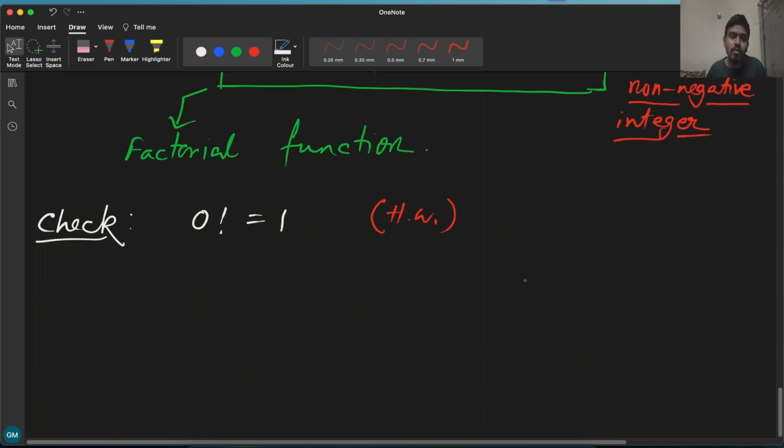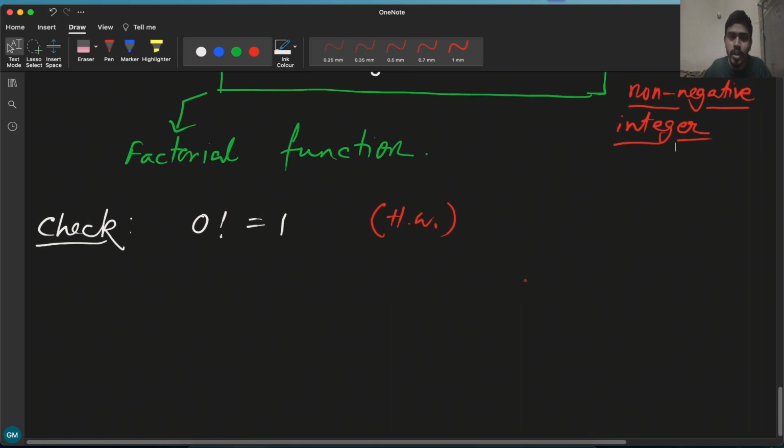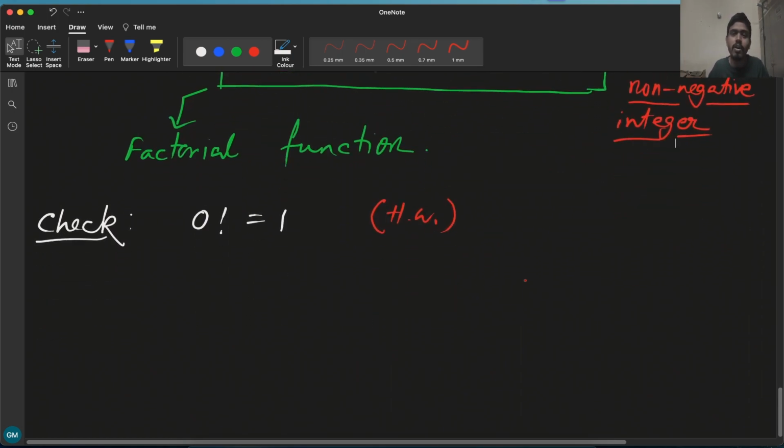Now the question is, what about fractions? So for fractions, a special kind of function is defined, that is called the gamma function. And the gamma function will incorporate integers as well as fractions.